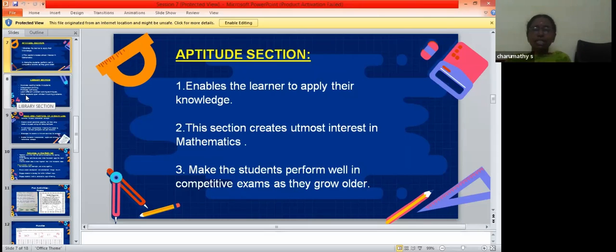Once they reach their adult stage, they have to face these types of questions when they take up any competitive exams. So all these skills, logical thinking, analytical thinking, mental ability, critical thinking, are very important if they have to crack any competitive exams.